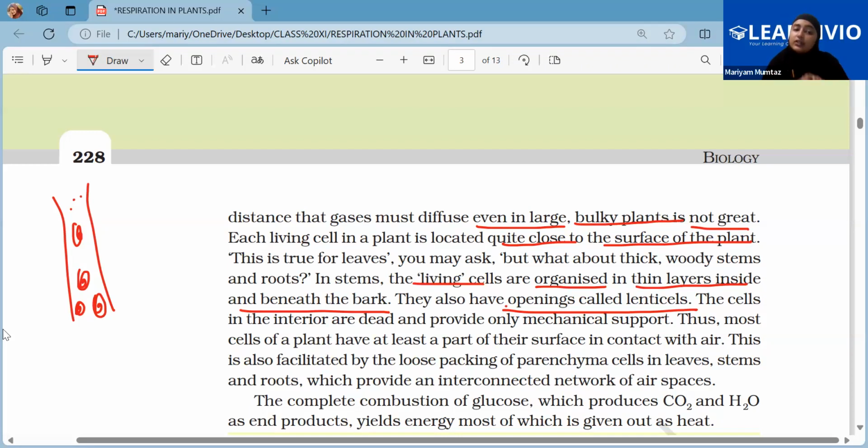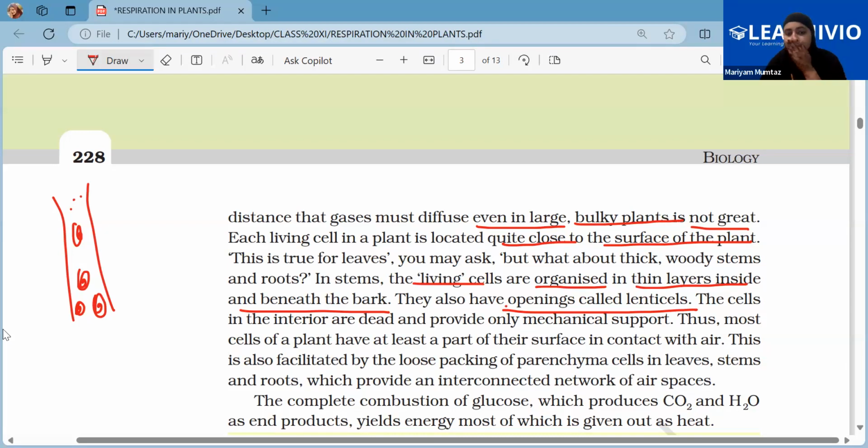For that, stomata is present in the green areas, because it is there in the chloroplast, in the photosynthetic apparatus. But as far as the bark is concerned, the trunk of the tree is mostly made up of dead tissues only because it has to be very supportive in nature. So that is why they have lenticels for gaseous exchange.